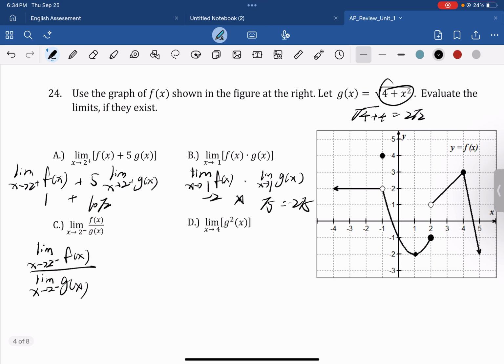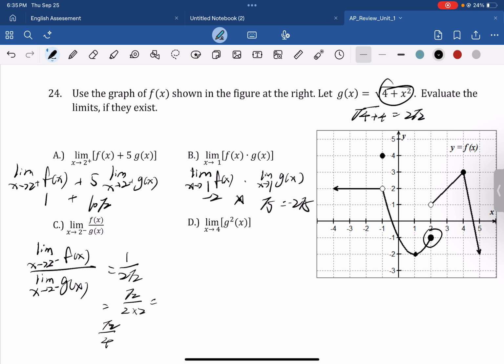So we check the graph, and 2 from the left-hand side is here, which is 1, and we plug 2 into g, which is 2 root 2, and we rationalize the fraction. We got 2 times root 2 over 2 times 2, which is root 2 over 4.